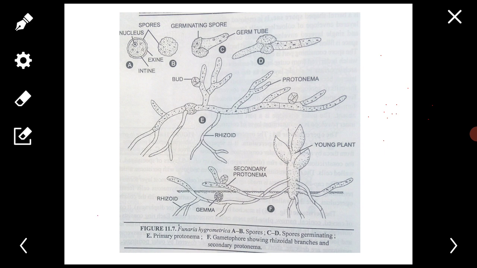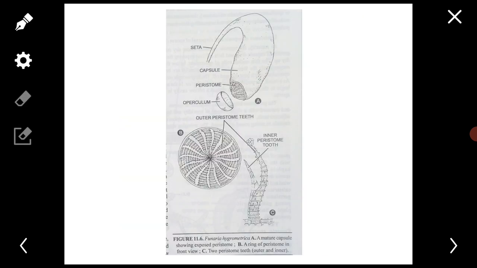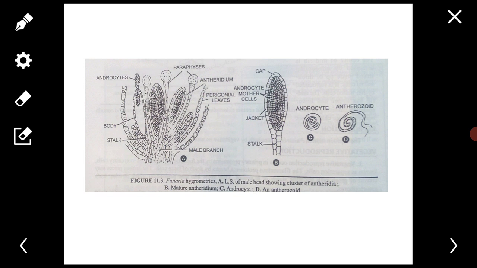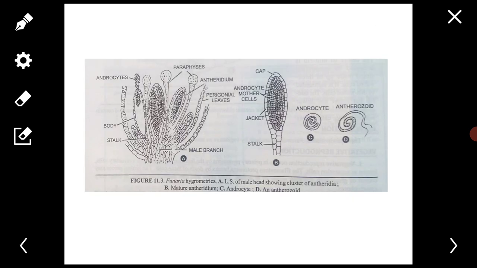Next, that is the sexual reproduction. The plants are monoecious, autoecious.